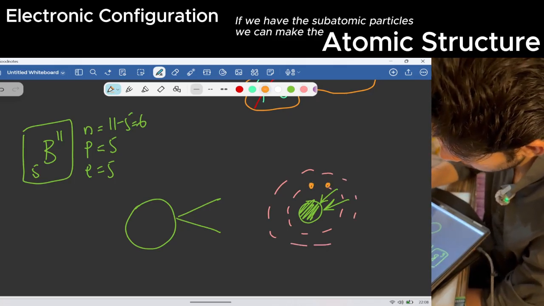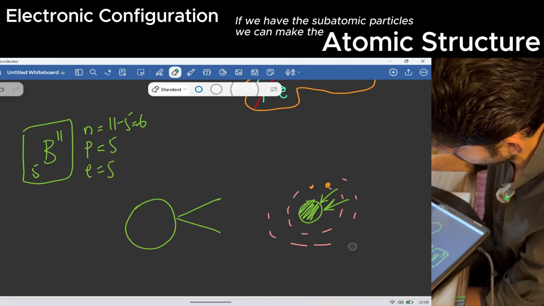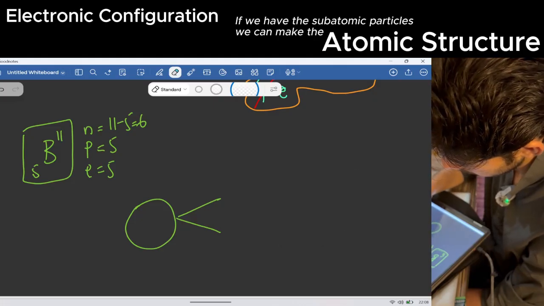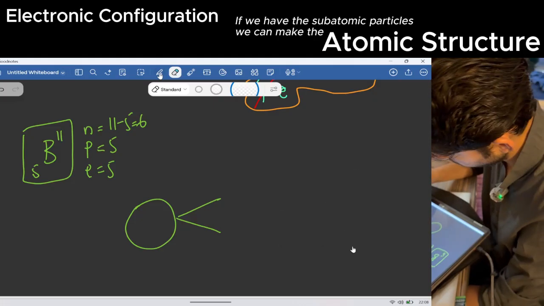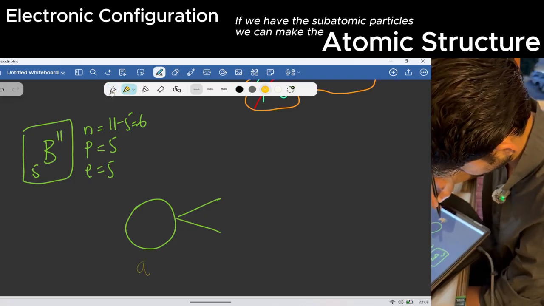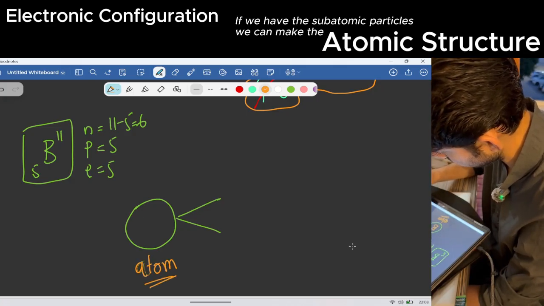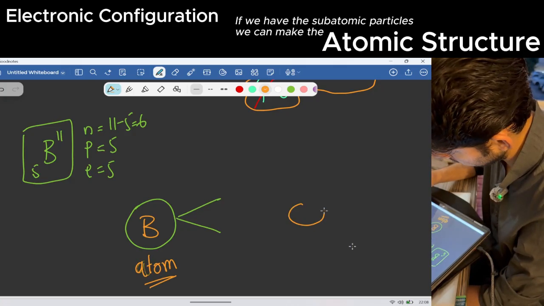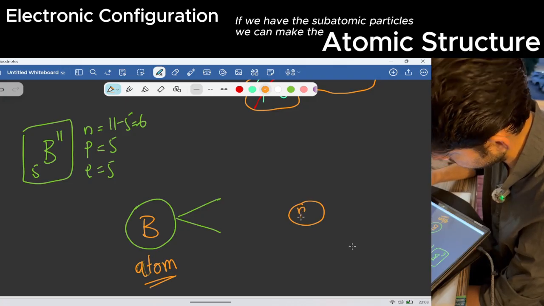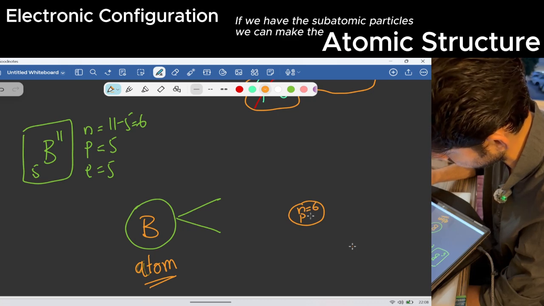Now I'll quickly come up with an electronic configuration or the atomic structure for our boron. If this is an atom of boron, as atomic structure, it would appear to be something like this: the nucleus would have 6 neutrons and 5 protons.